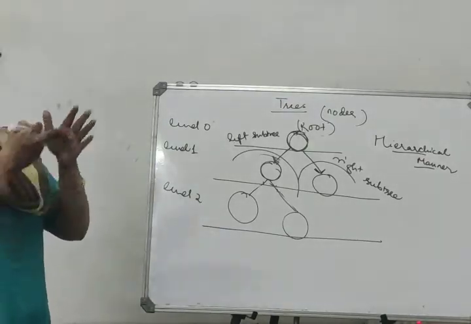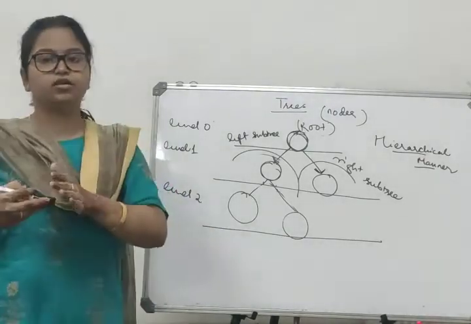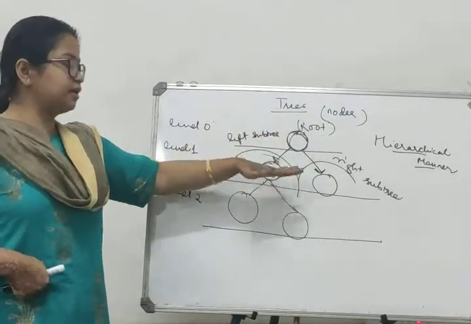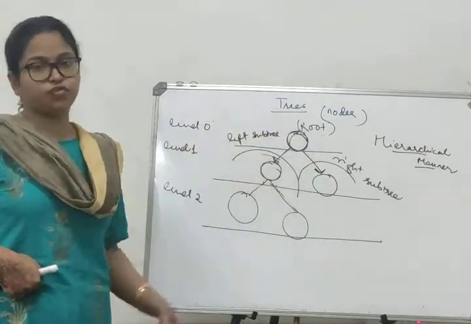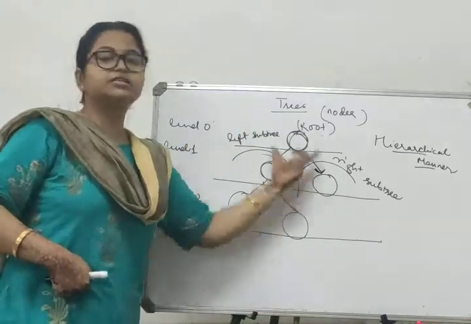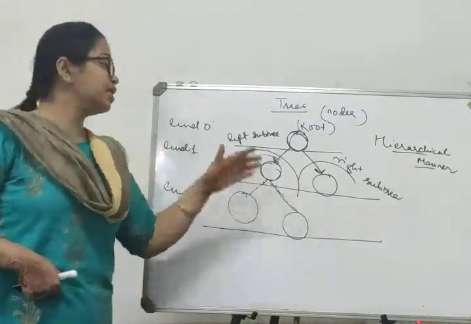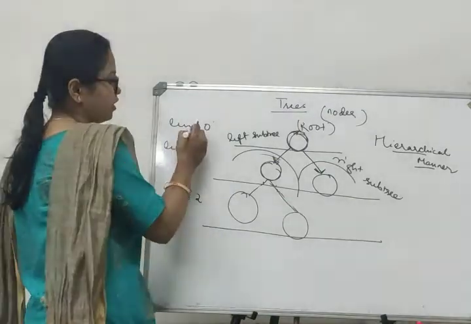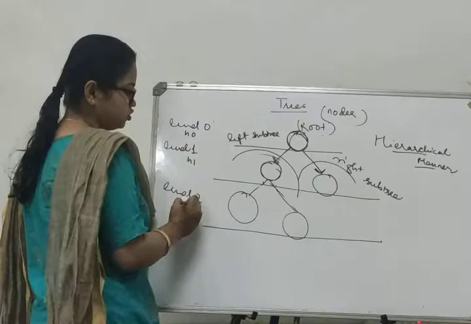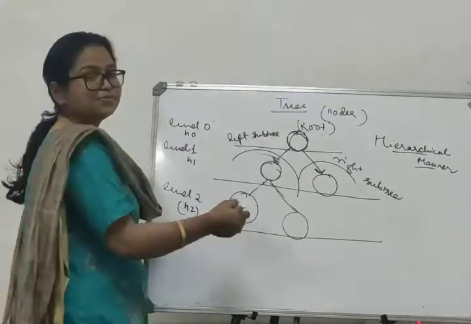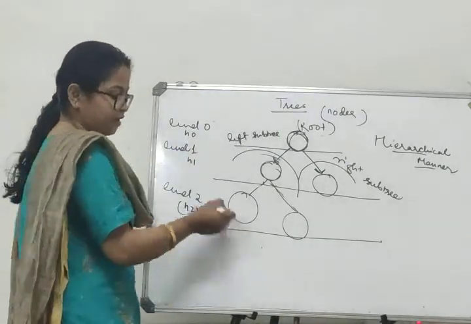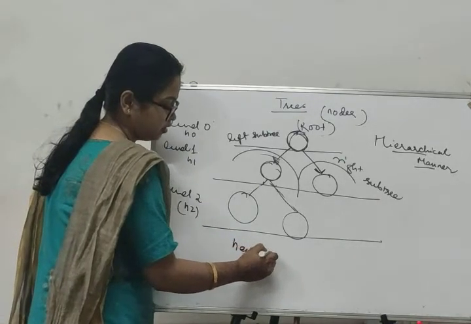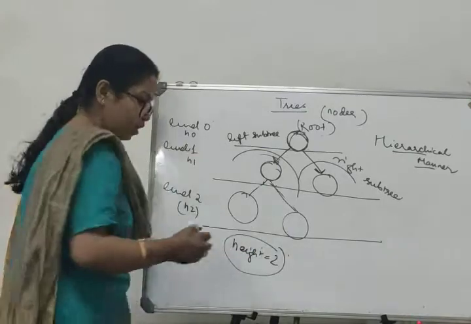Hierarchy means there is a ladder, one after another. At the top of the hierarchy we have the root, then we have the next hierarchy. It depends upon the size of the tree, so the levels are defined by height. This is called height h0, h1, h2. This particular instance of a tree that we have taken has height equal to 2.